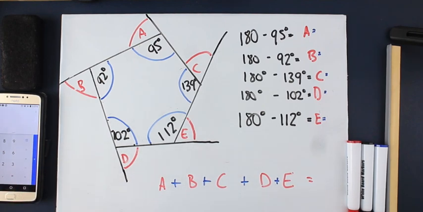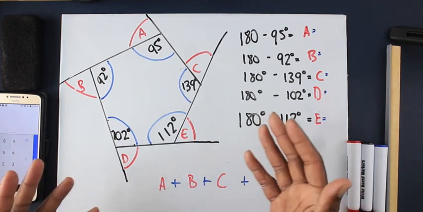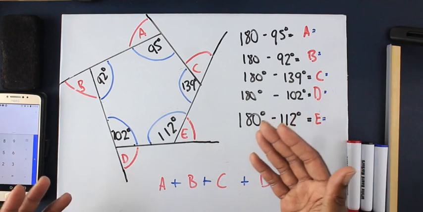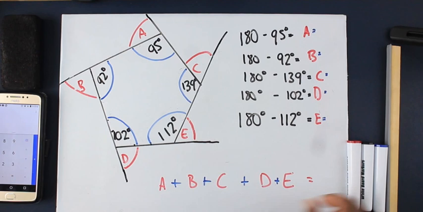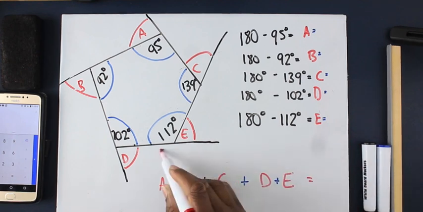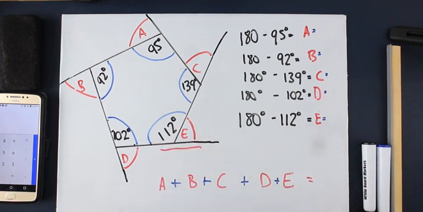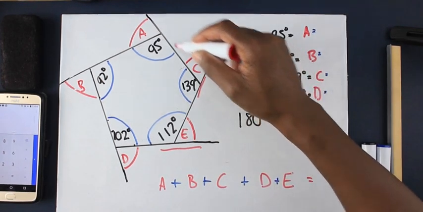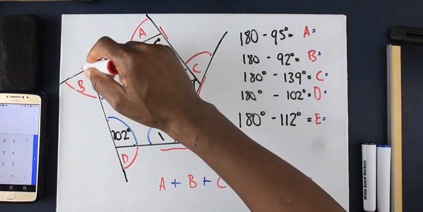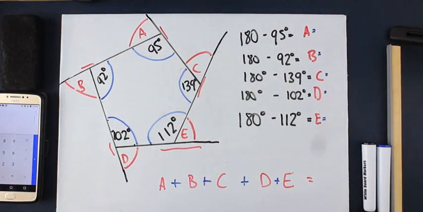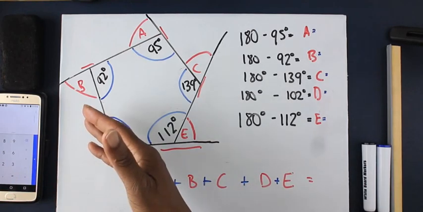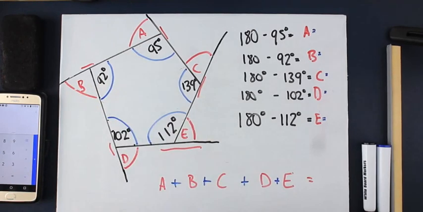Anyway, as you know, when we're trying to work out external angles, we can use the fact that the angle on a straight line is 180 degrees. So the angle on all these straight lines, this one, that one, that one, and that one, are 180 degrees. And this is going to help us to work out the external angle.